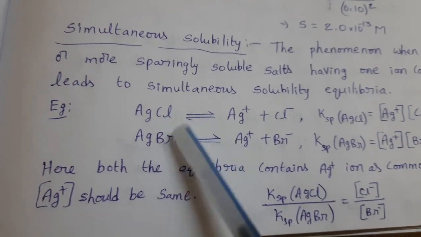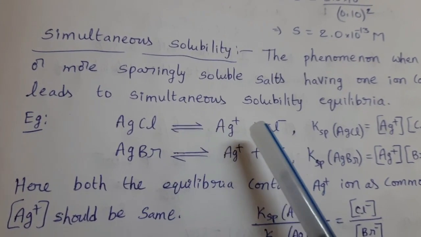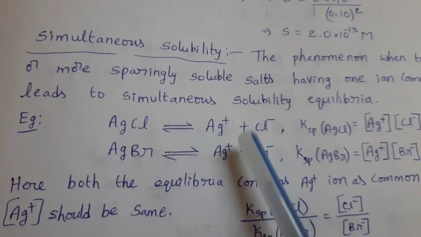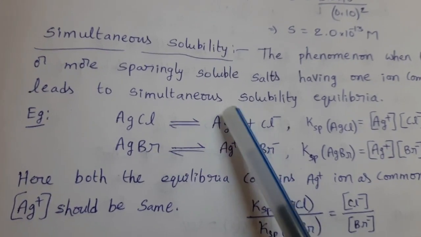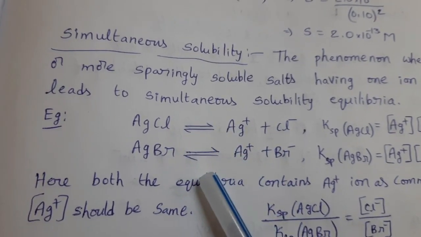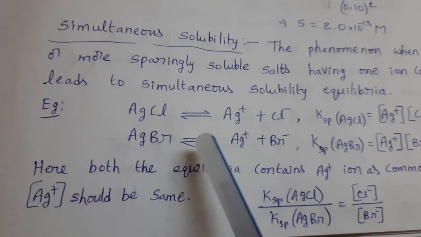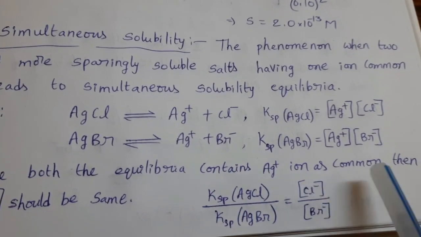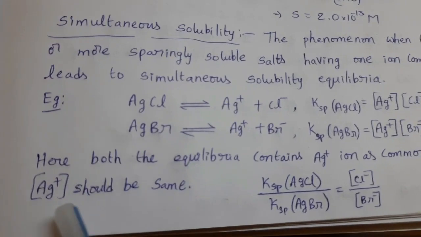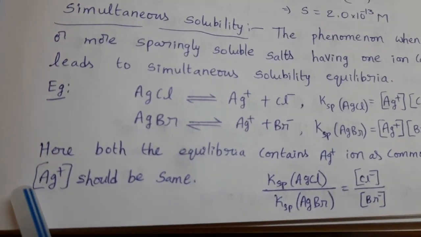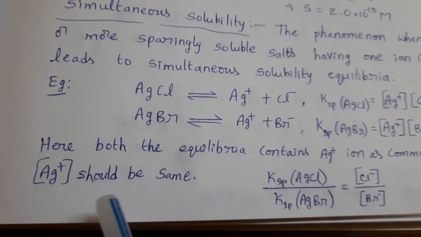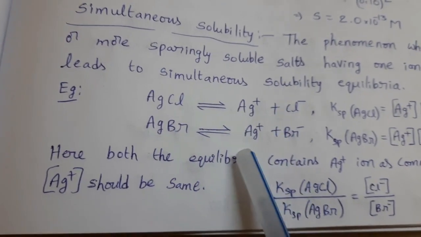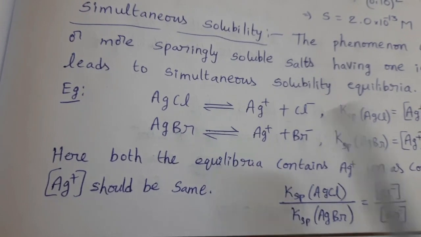Now these two substances are mixed. Then what is the common ion? It can produce Ag plus, it can also produce Ag plus. So silver ion is common in these two solutions. Here both the equilibria contain Ag plus ion as common. The concentration of Ag plus should be the same because the two sparingly soluble salts have silver ion as the common ion.